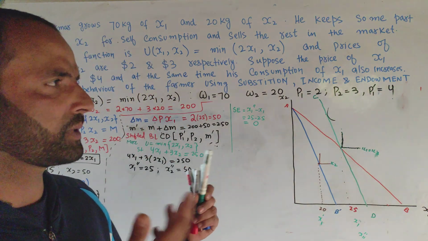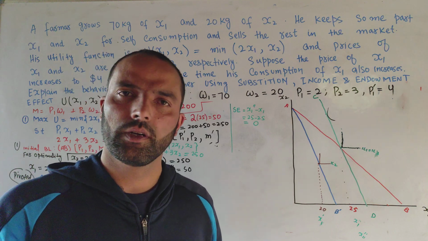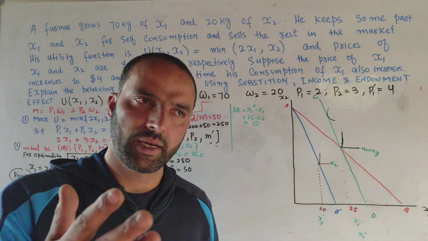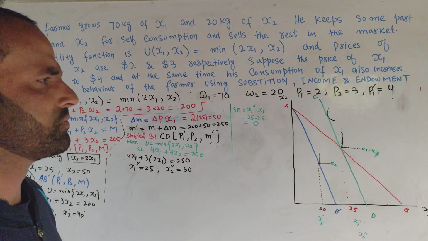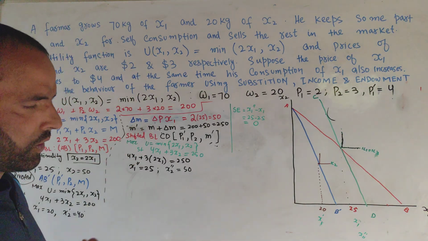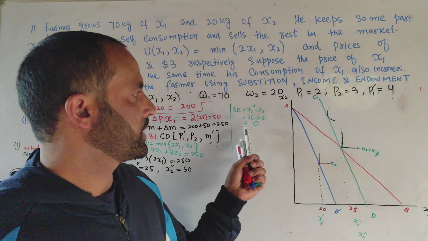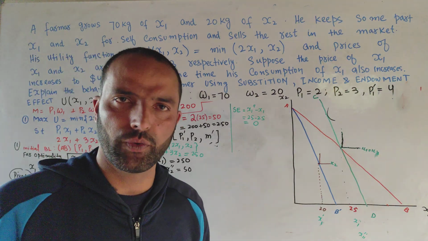That is why if the price of good has changed, quantity of that very good will remain same because of the fixed proportionality. Okay, up to this it is perfectly okay. Our substitution effect is 25 minus 25, which is equal to 0.